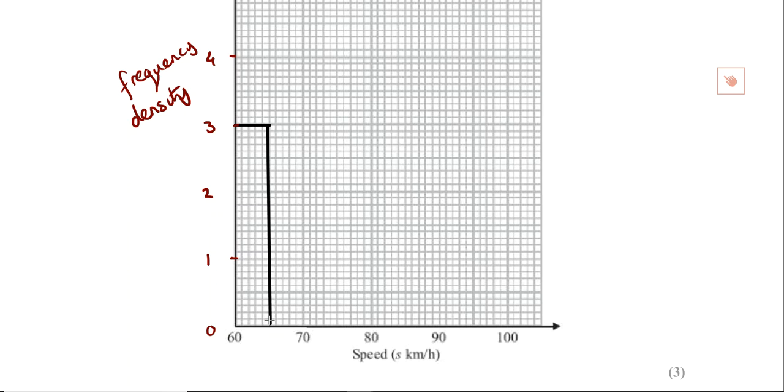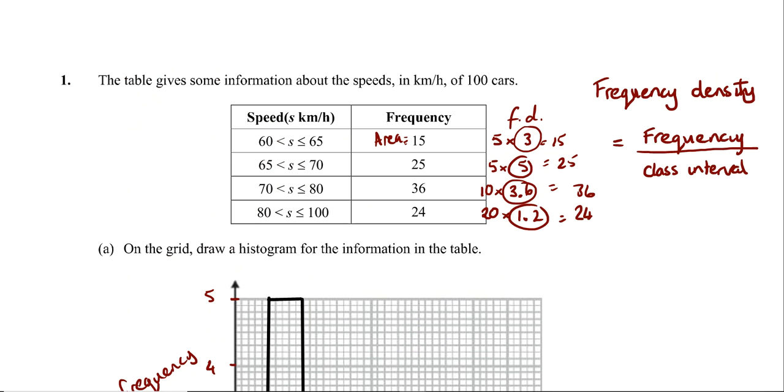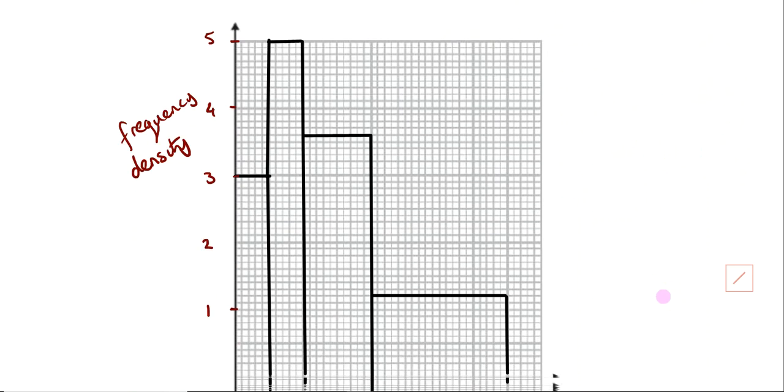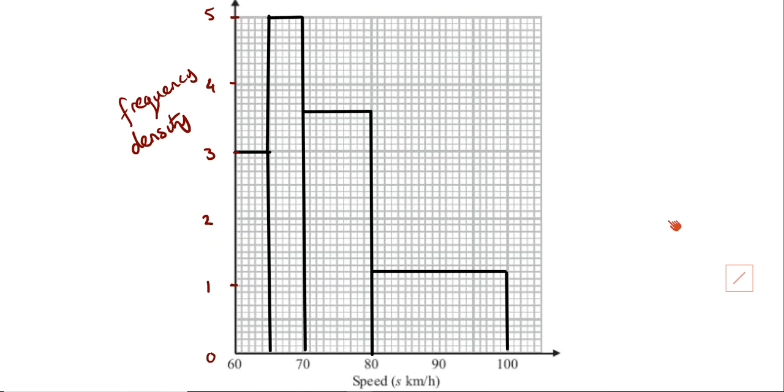I'll let you carry on and do the rest of the bars, and we'll see what it looks like compared to what we did originally. Just to recap, I've added it to my notes a little bit tighter: frequency density is frequency divided by the class interval, as you said. If we redo the graph now, compare that to what it looked like originally.